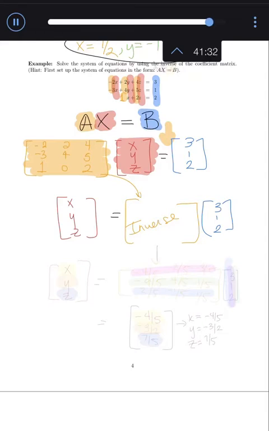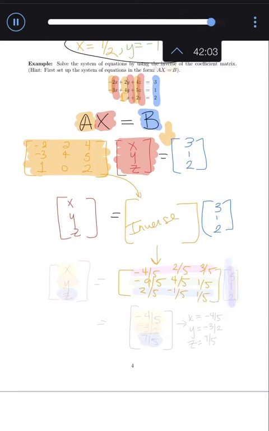If you do that by hand, you'll get the matrix -4/5, -9/5, 2/5, 2/5, 4/5, -1/5, 3/5, 1/5, and 1/5.